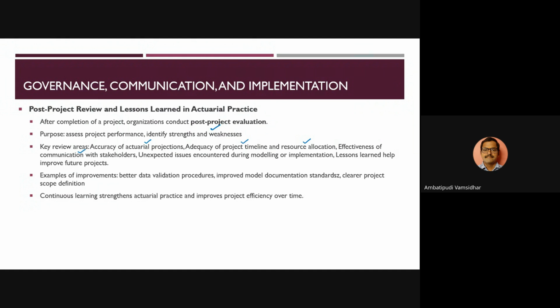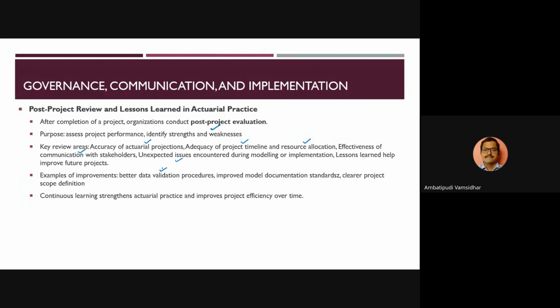How effective was that communication? What were the unexpected issues encountered when we were doing the modeling and the implementation? So a compilation of these lessons learned while implementing the project would be very, very helpful as such, right?